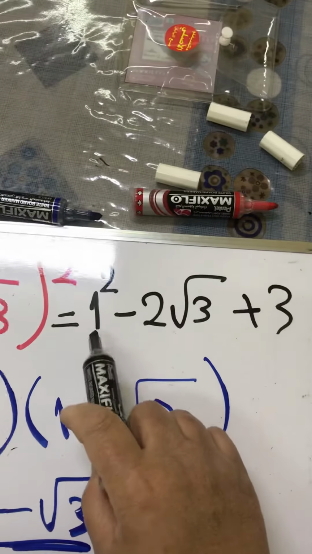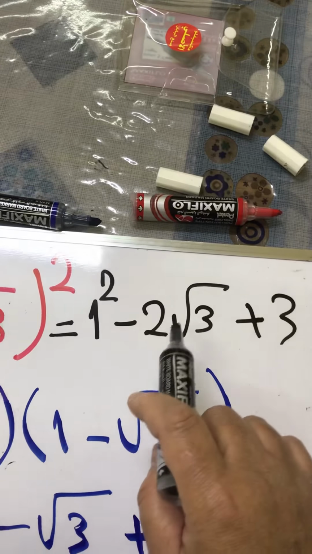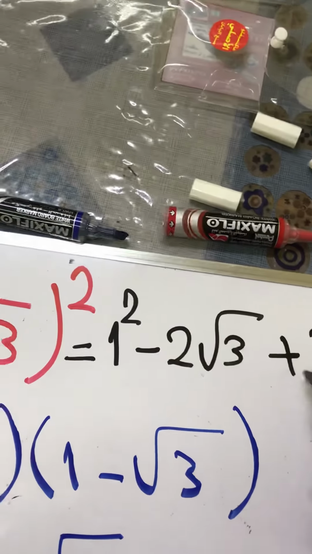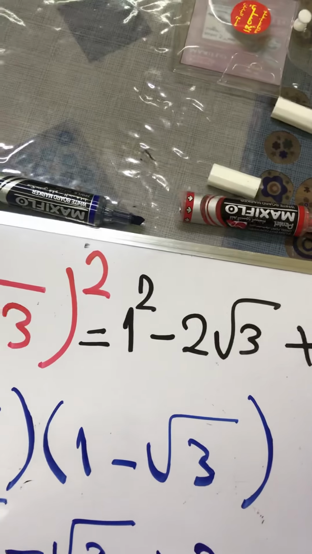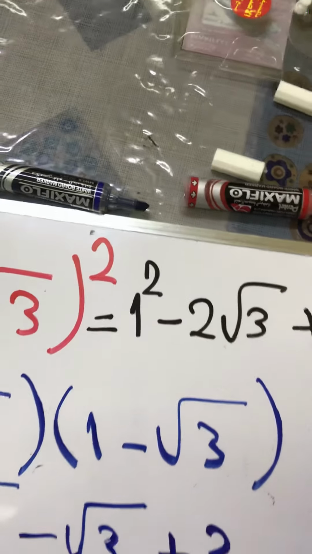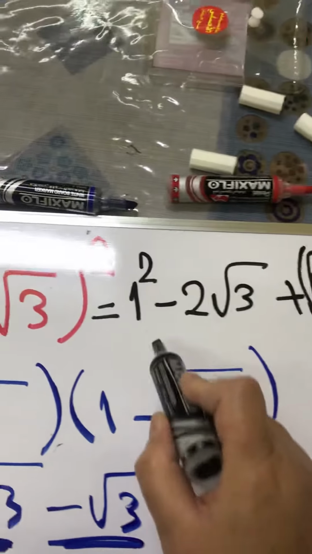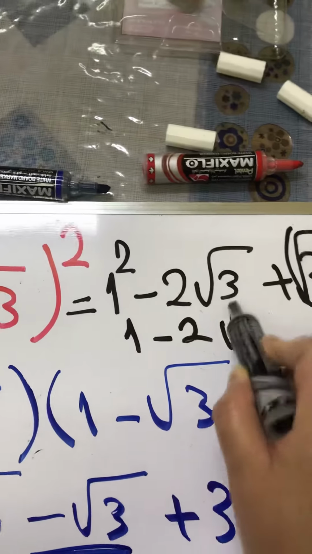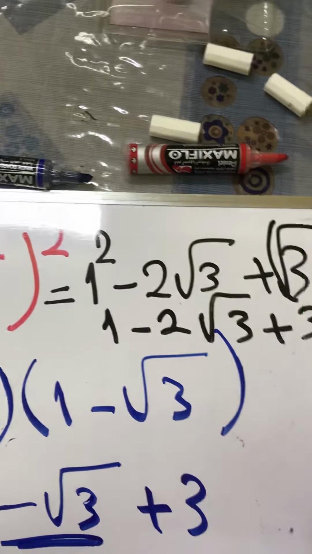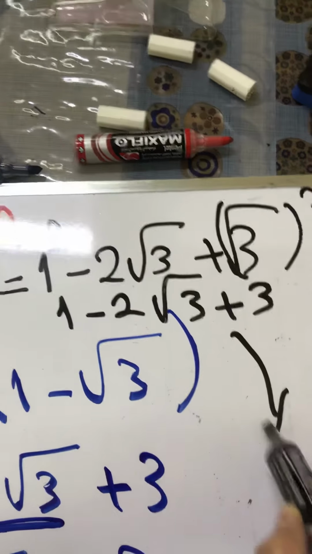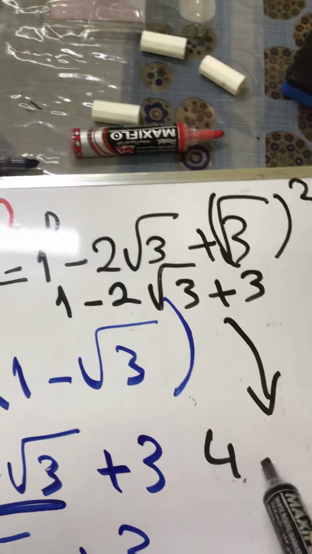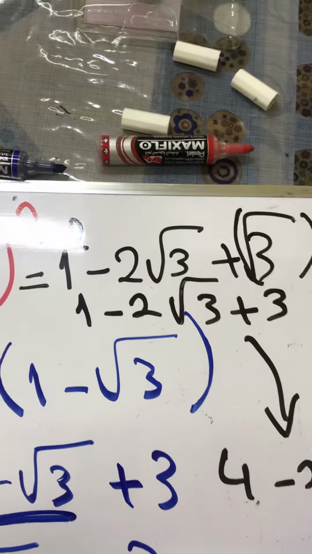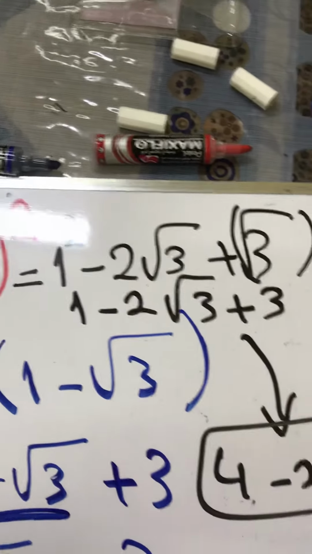The first square minus 2 first, second multiply, and the second square. So it will be 1 minus 2 square root of 3 plus 3. So finally it will be 4 minus 2 square root of 3. This is the answer.